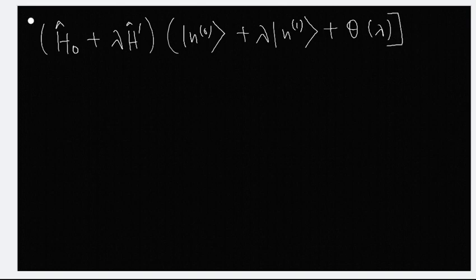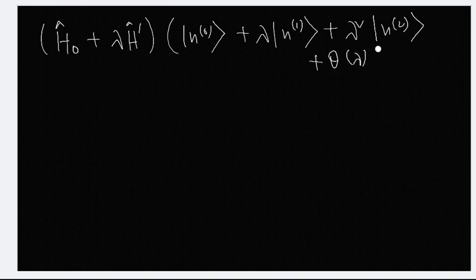You can take one more term for clarification: lambda square of n2 plus higher order of lambda.